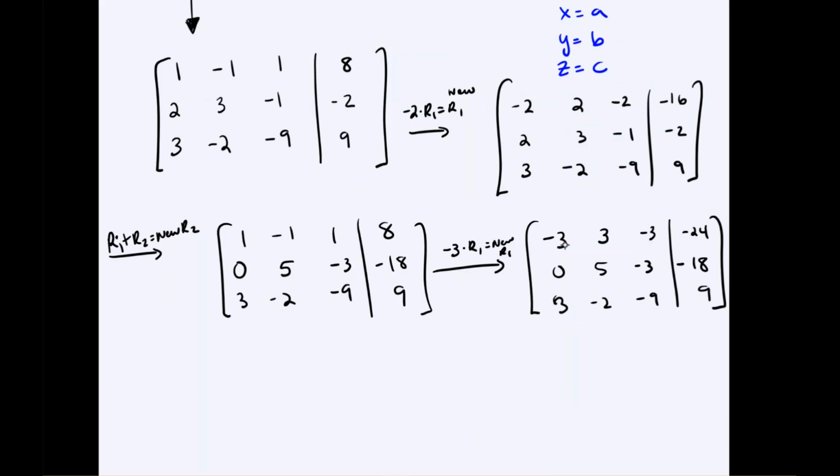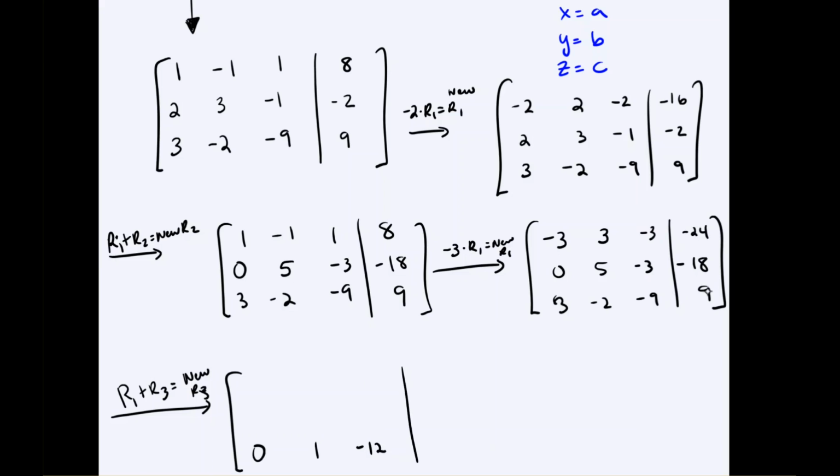And now our goal for doing this was so that we could add row 1 and row 3 together. So we'll write that down. Row 1 plus row 3 is the new row 3. So negative 3 plus 3 is 0. 3 plus negative 2 is positive 1. Negative 3 plus negative 9 is negative 12.